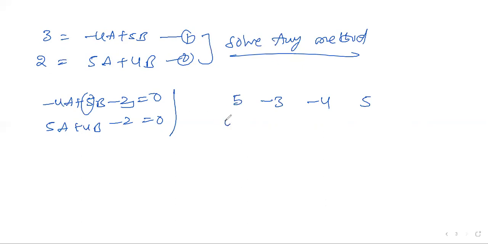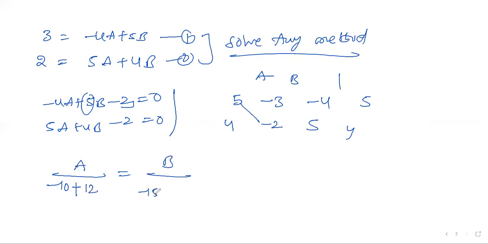Next you can take 4 minus 2, 5, 4. Value of a, value of b, and value of constant. So a by ad minus bc: 5 2s are minus 10, minus 4 3s are 12. I write directly. Then b is equal to 3 5s are minus 15, 4 2s are 8, minus into minus plus, already minus is there, keep as is. Next 1 by 4 4s are minus 16, 5 5 is minus 25.